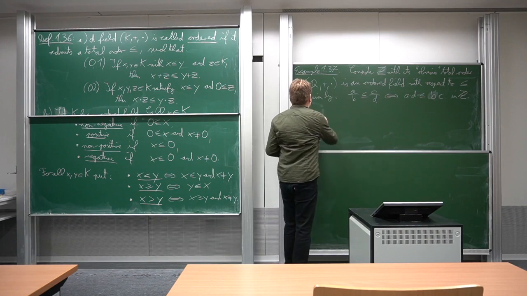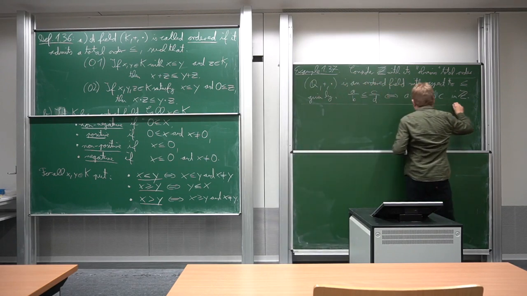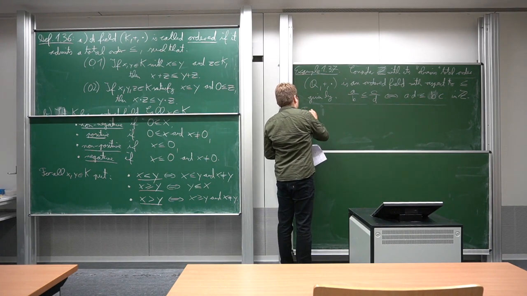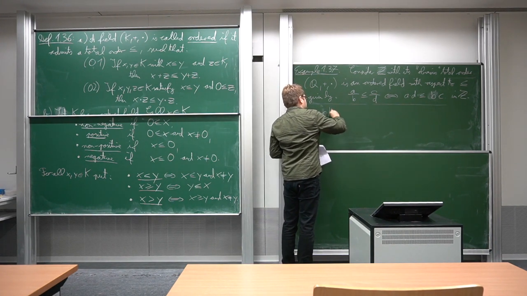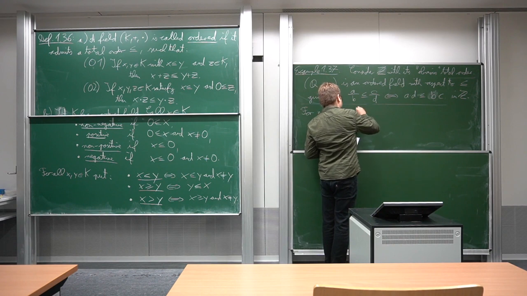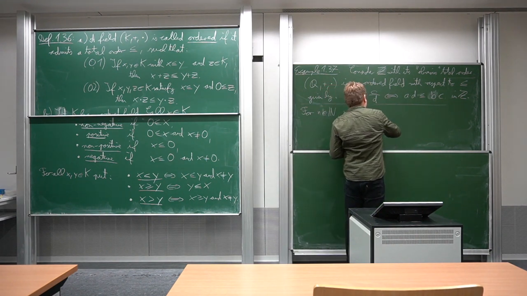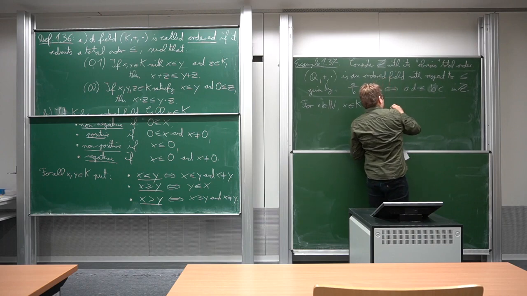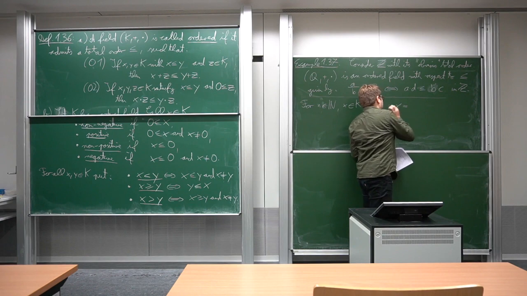Okay, just some notation before I go on. For any number n in N and x in K, a field, I just introduce some standard notation, namely n times x, or simply nx.